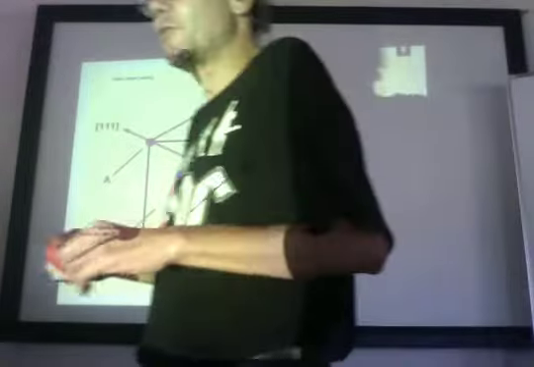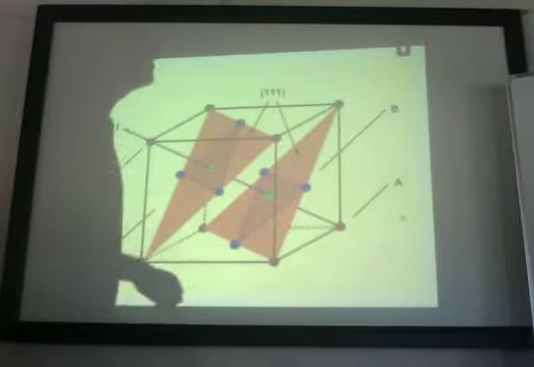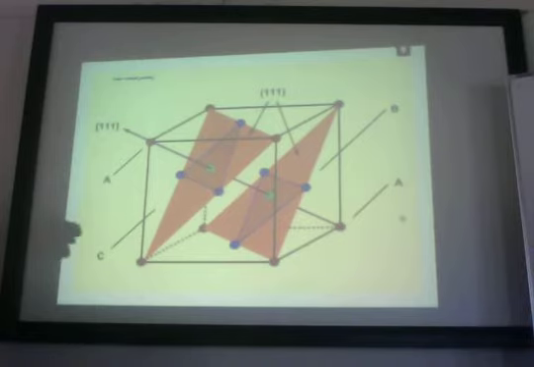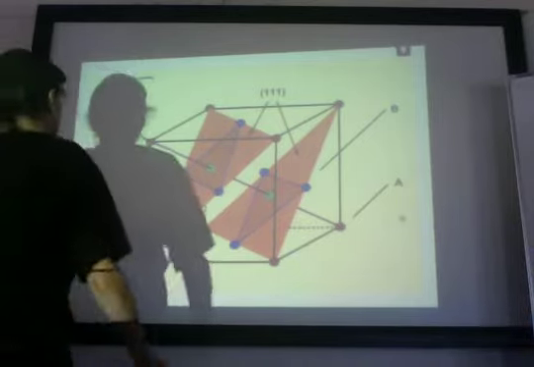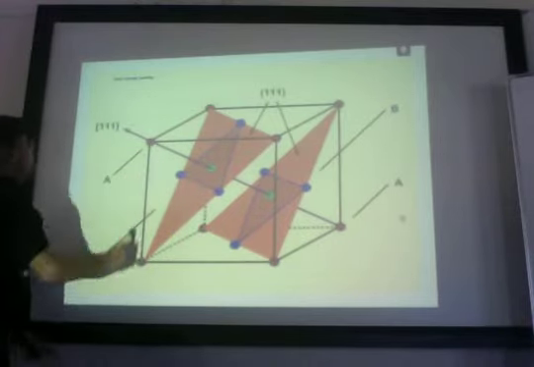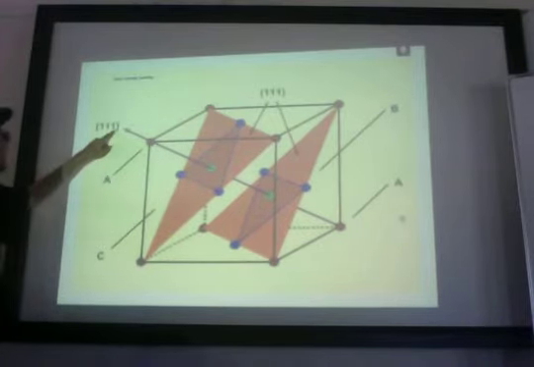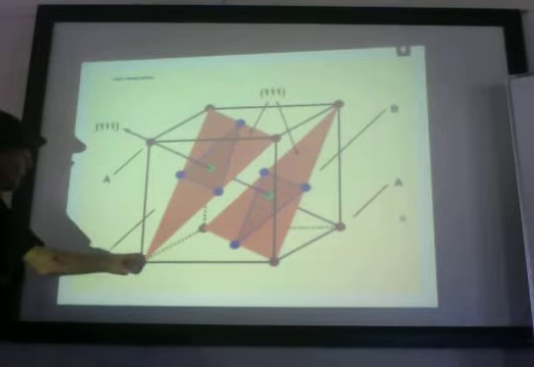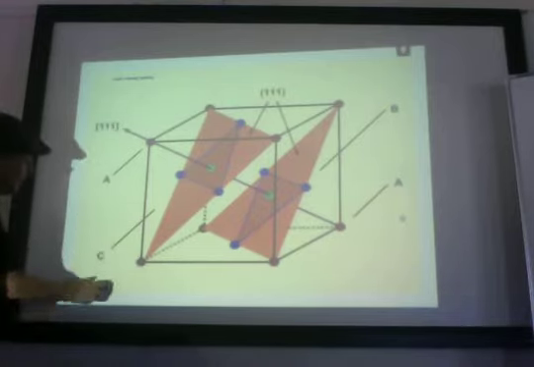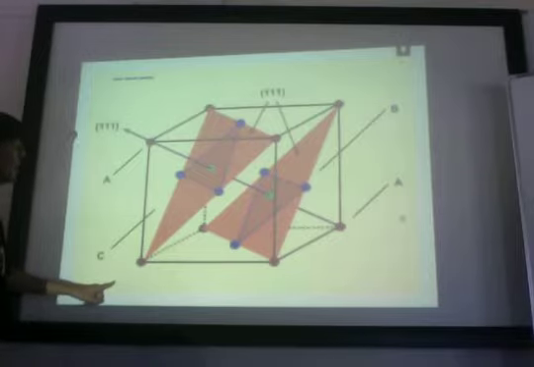But that we will do in more detail when I have the class prepared. If we are running out here at the corner, then we have 1, 1, 1. If we are running out here, that is 1, 0, 0.